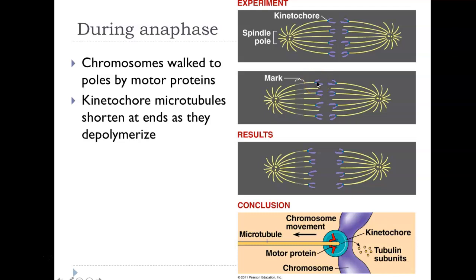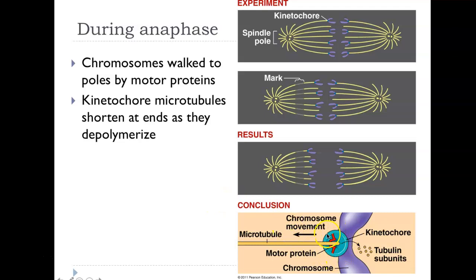All right, so the kinetochore microtubules shorten at the end as they depolymerize. That just means that the spindle is getting chopped as it goes. So if you can imagine the chromatid moving down the spindle, it's walking and chopping at the same time. That is kind of how I can explain that.